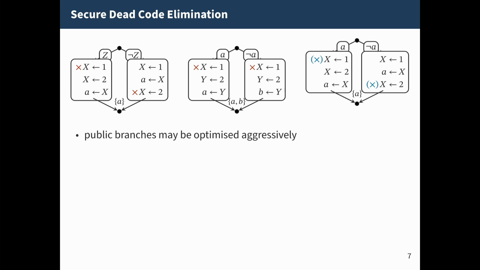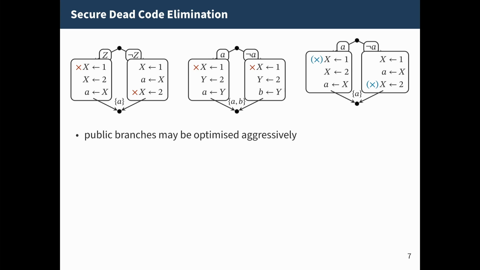Then we don't have any problem; we are basically in the case of the CT simulations. We can do dead code elimination aggressively, because if we are considering two source traces and two target traces, they must both take the same way, either both left or both right. So there is nothing observable to see.